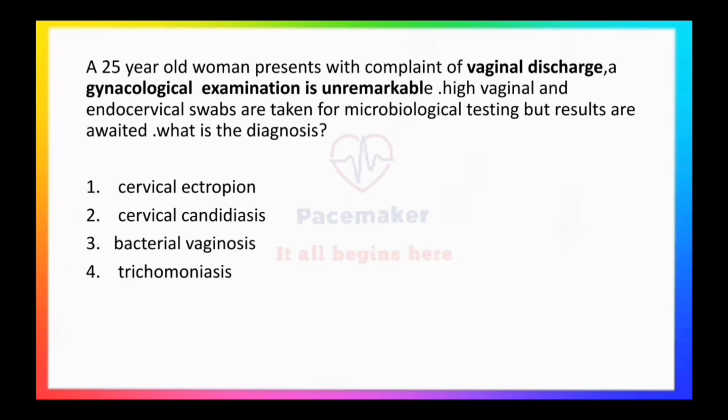In cervical ectropion, there will be an examination finding like pink endocervical mucosa visible, so that is ruled out. In cervical candidiasis, you will see plaques. In bacterial vaginosis you don't see anything, and in trichomoniasis you will see strawberry cervix. That's why the answer is bacterial vaginosis.